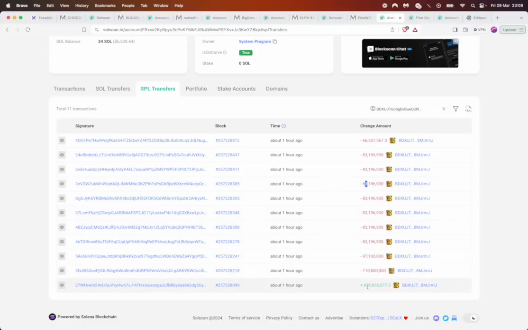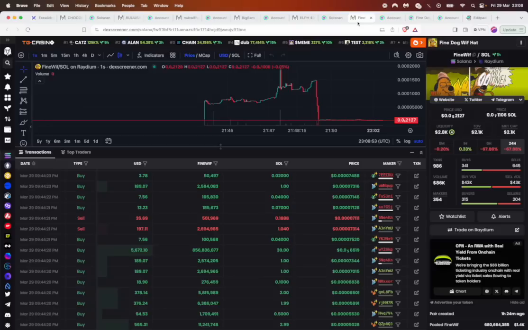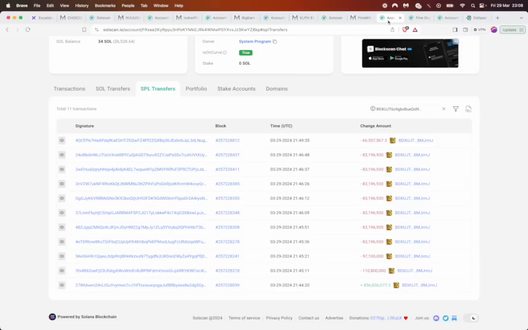They snipe, then they distribute across multiple wallets, and then they sell through those different wallets. This is how the majority of tokens these days, even the ones that look legit, control the majority of supply. You have no idea. This is what they do. They snipe and distribute.